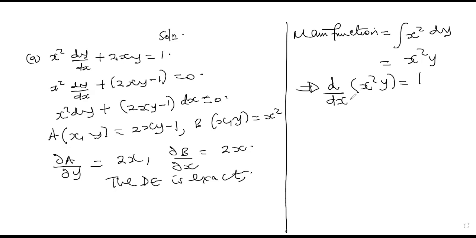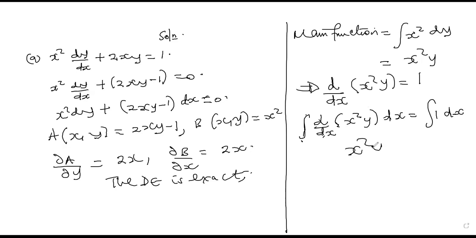Then it implies that when you integrate d/dx of x squared y dx, it is equal to the integral of 1 dx. When you integrate the derivative, you get that very function, x squared y, which is equal to x plus a constant of integration, as simple as that.